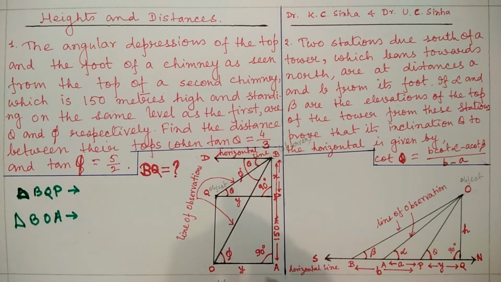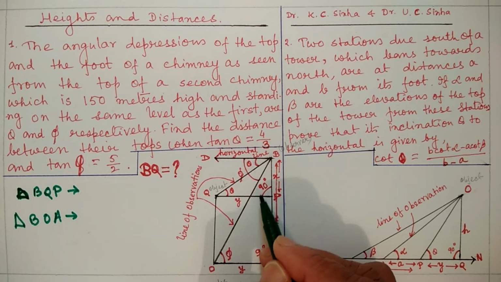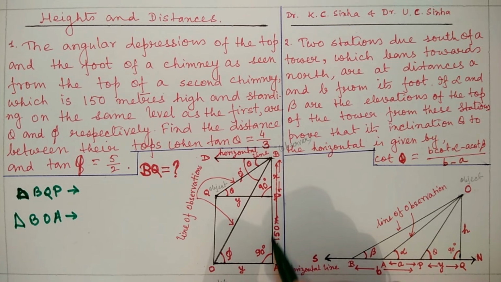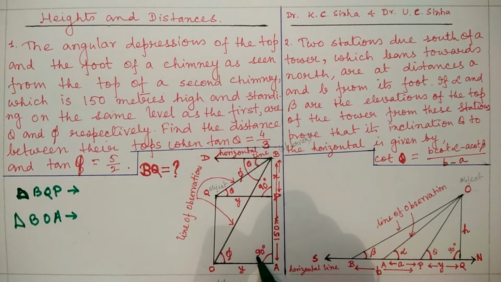From these two triangles, you see, this is 90 degrees, we know, because the chimneys are straight and we have drawn the horizontal line. So this angle will be 90 degrees, and this is also 90 degrees. So both are right angle triangles.